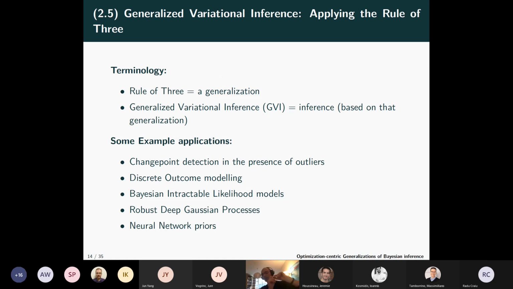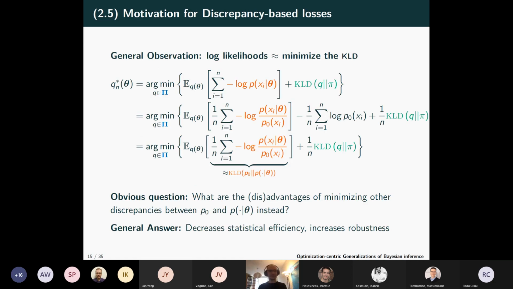So you would detect a change point even though actually it was just a one-off outlier. Then very recently, we've looked at using the total variation distance for discrete outcome modeling. So when your loss function is changed from the negative log likelihood to the total variation distance, I'll look at some tractability issues and at 2 cases for Bayesian deep learning.